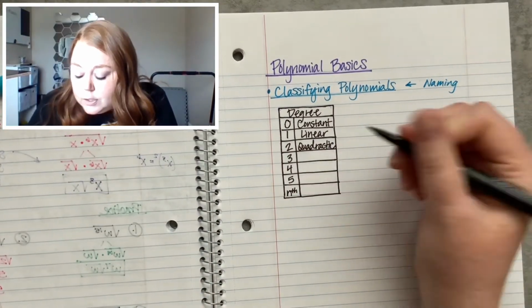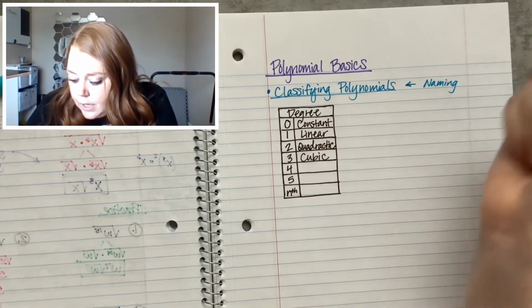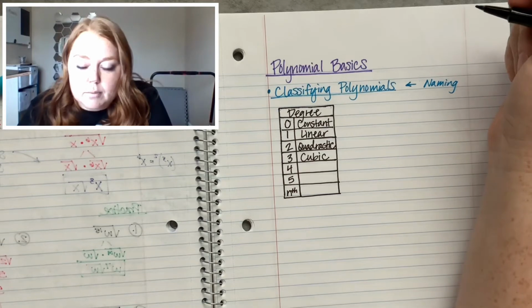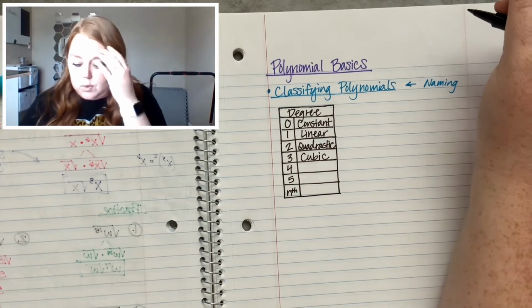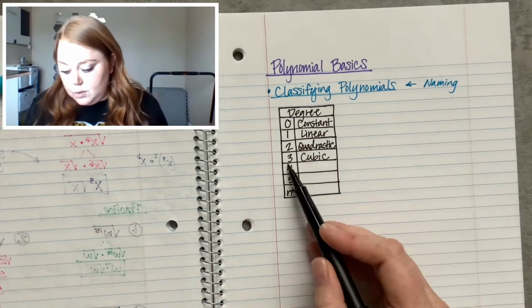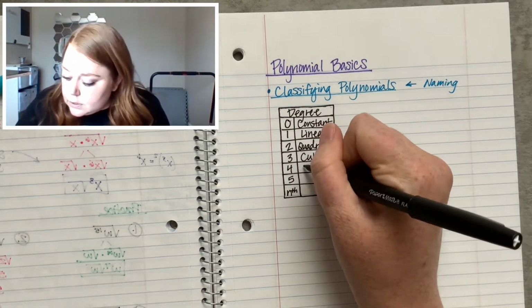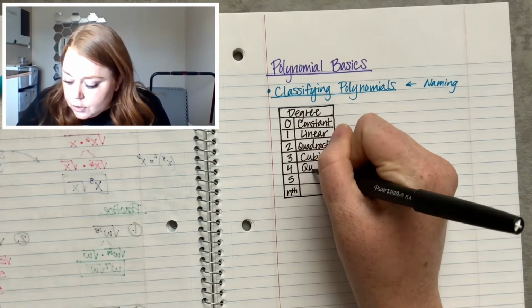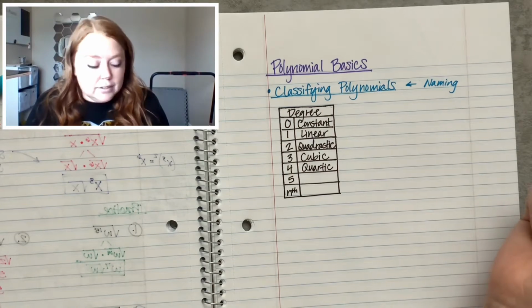If it has a degree of 3, it's called cubic. And that might sound familiar because we have cubed things recently with exponents. So yeah, 3 is always cube. And then 4th is quartic, Q-U-A-R-T-I-C, quartic.